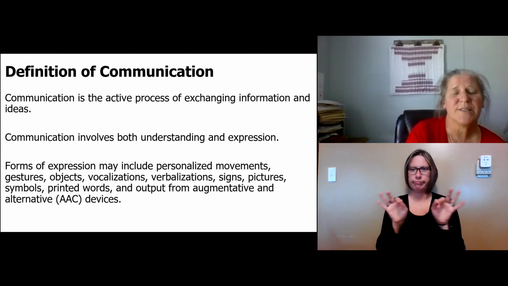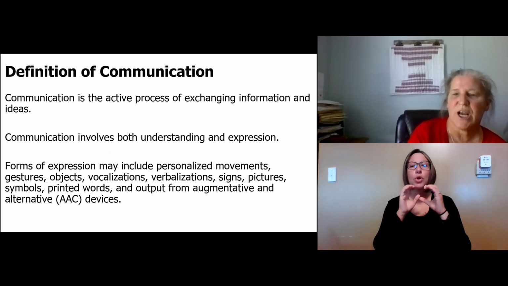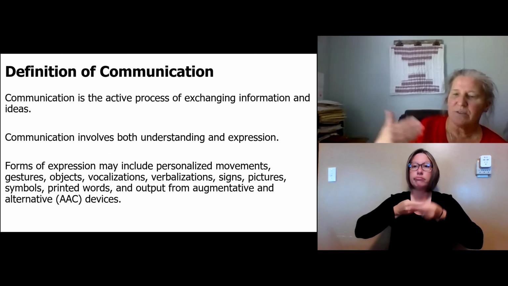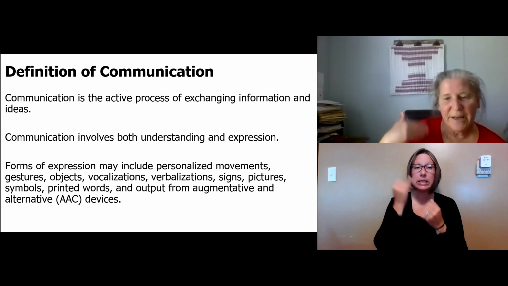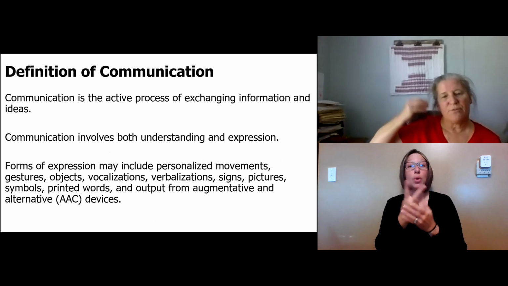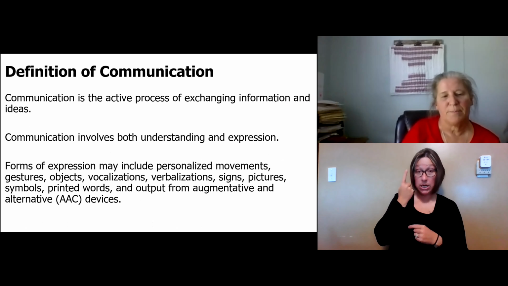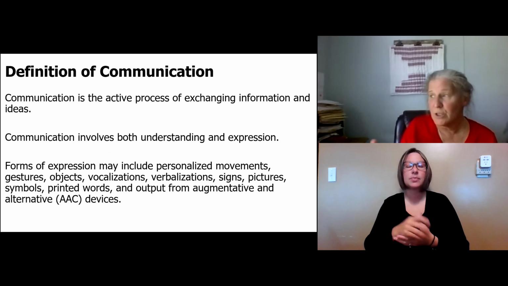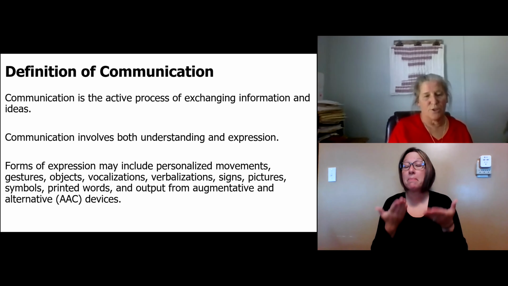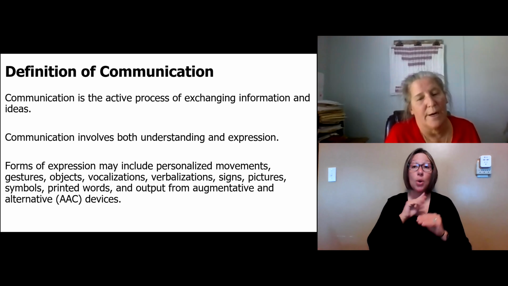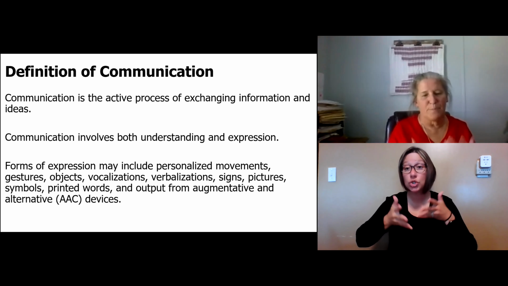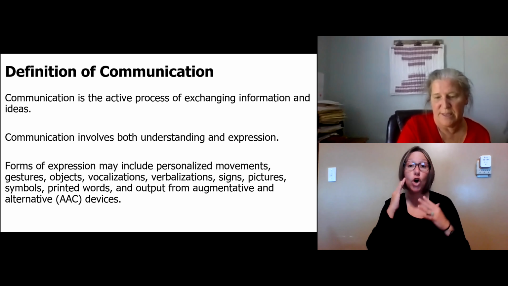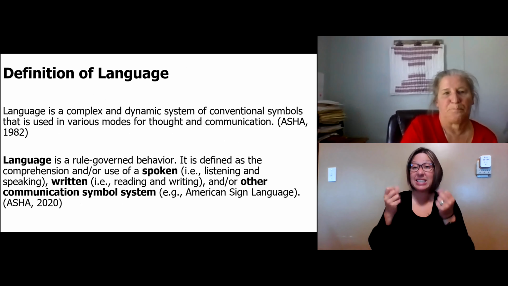Okay, so now we have a definition of communication here. Communication is the active process of exchanging information and ideas. And communication involves both understanding and expression. That's the understanding, the receptive. And those forms of expression may include personalized movements or gestures or objects, verbalization, signs, pictures, whatever it is, it can mean that.